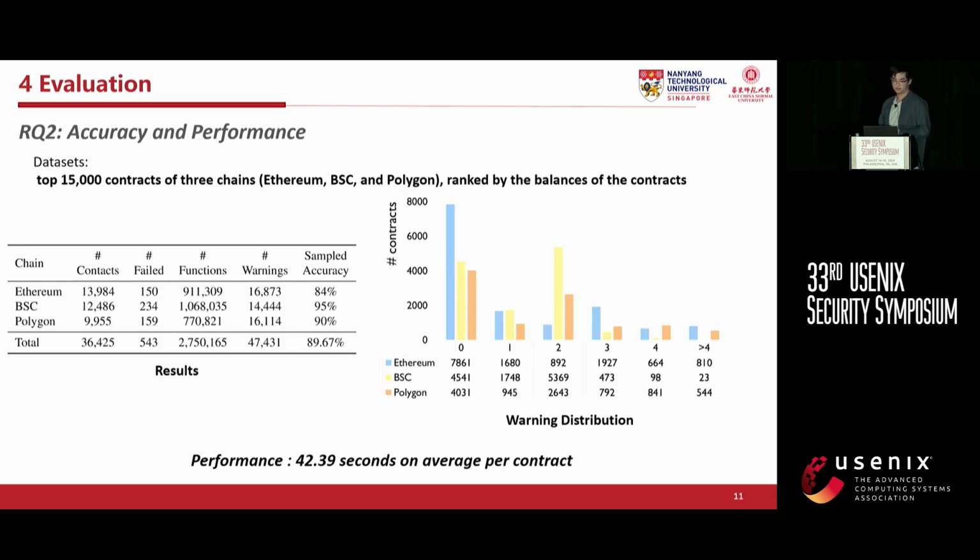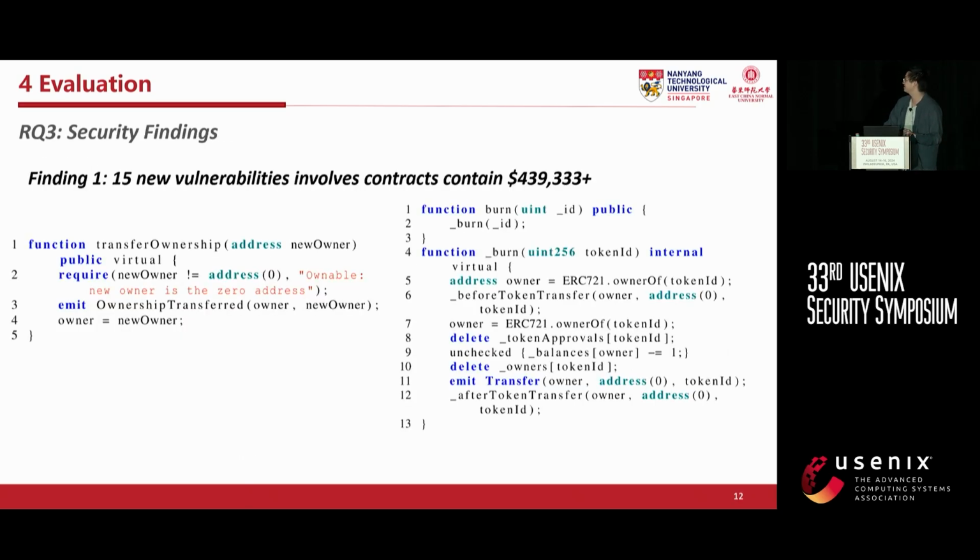Because the previous data set only contains 51 cases, we also collect the top 15,000 contracts from 3 different chains, and we sample them and manually label them to do a larger scale study. Our tool has reached about 89% accuracy on this large data set. And for the third research question, we're trying to find something new.